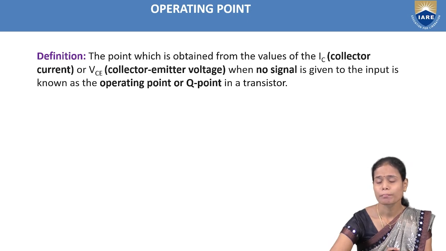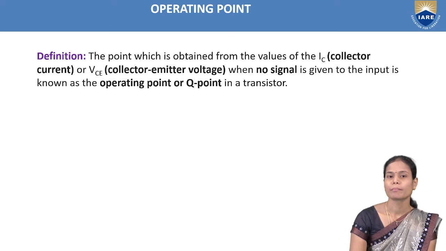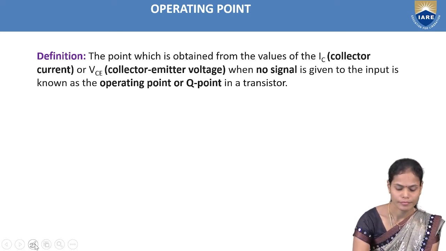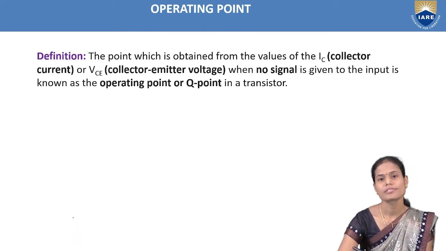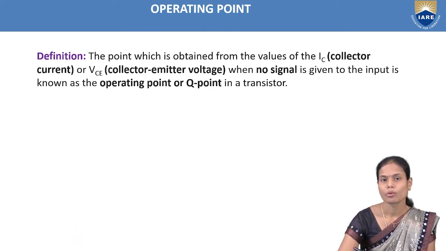Once we fix the proper operating point for any amplifier, it can amplify the signal properly, that is, without any variations or clipping of the signal, it will provide the amplification. That is the requirement of the operating point for any amplifier.